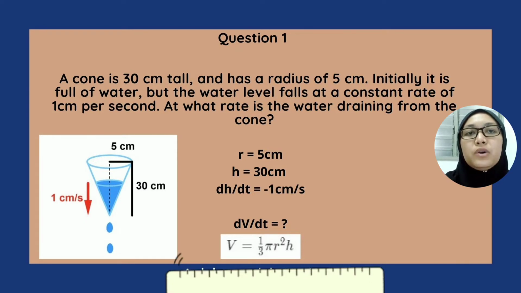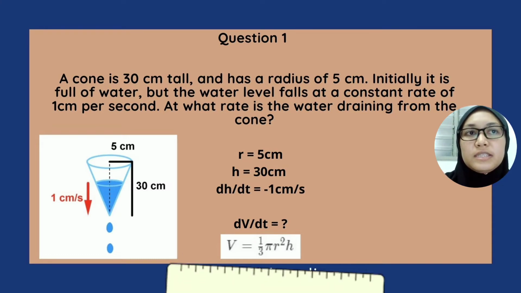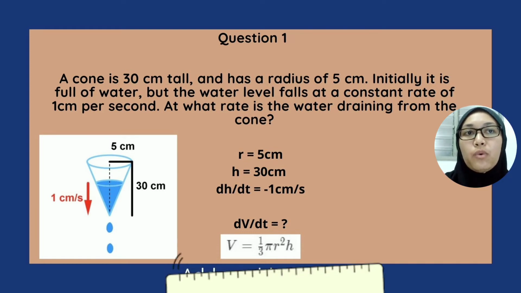Question 1. A cone is 30 cm tall and has a radius of 5 cm. Initially, it is full of water, but the water level falls at a constant rate of 1 cm per second. At what rate is the water draining from the cone?